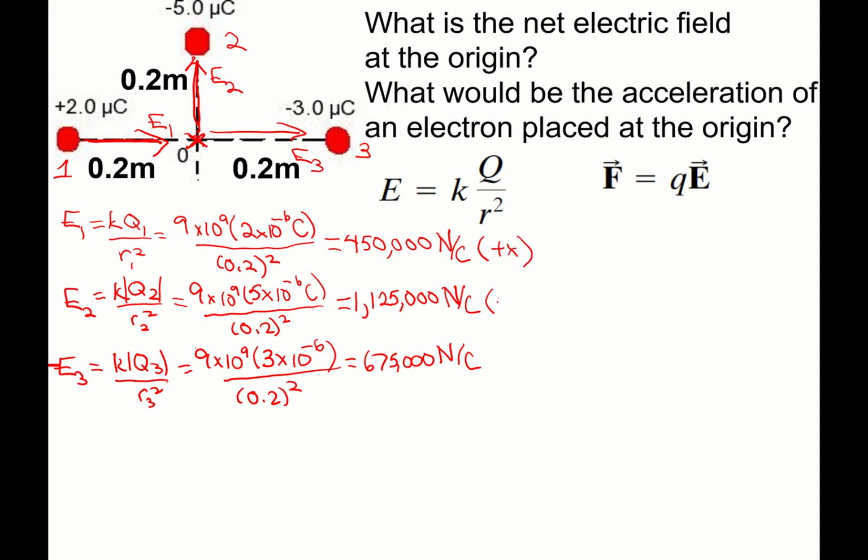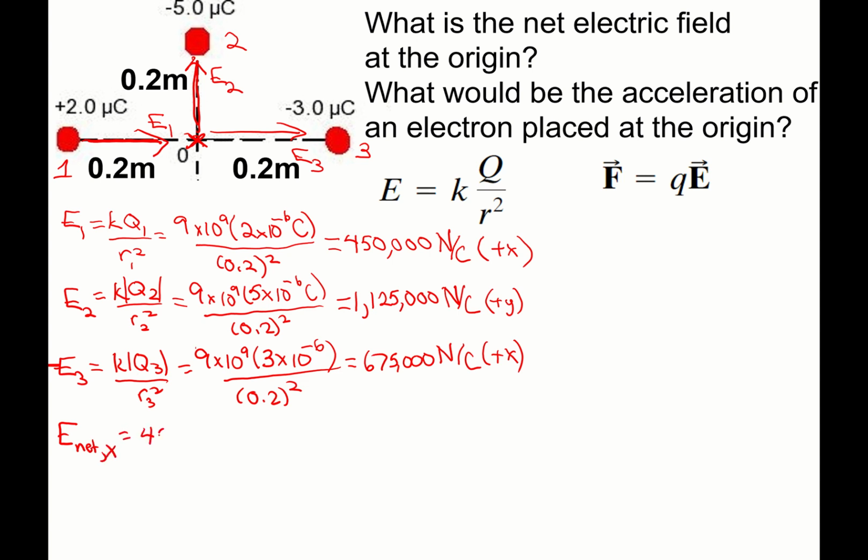E2 is straight up, so that's in the plus y direction. E3 is also to the right, so that's in the plus x direction. So my net field in the x direction, I'm just going to add the two x components.